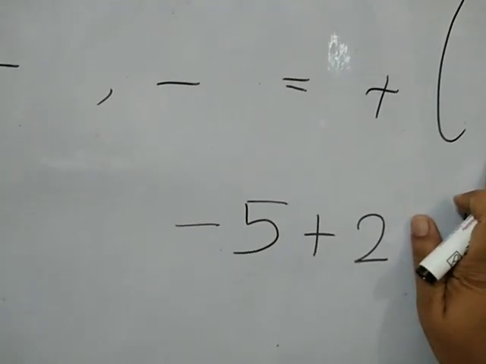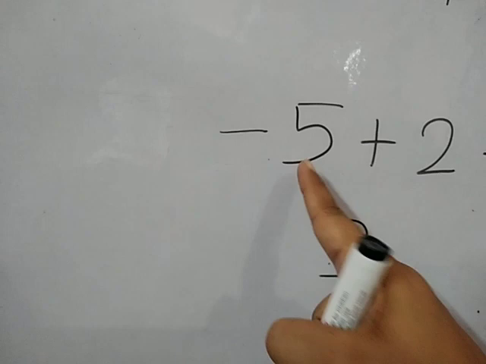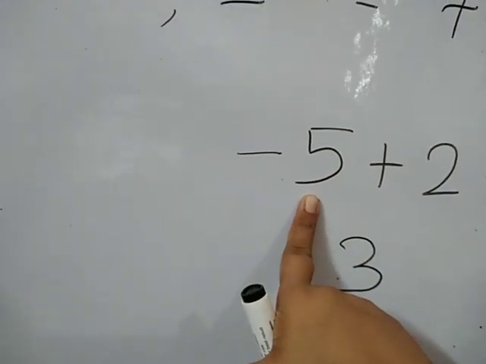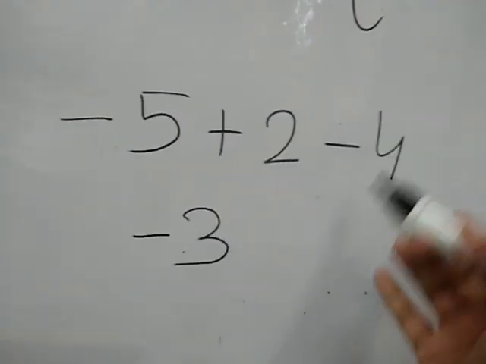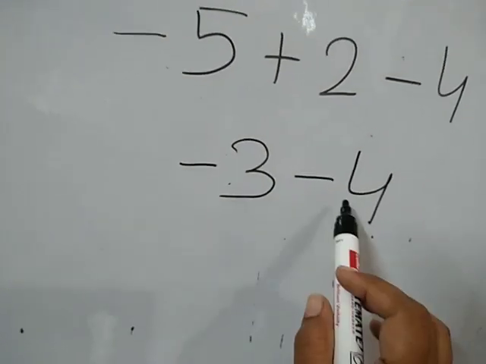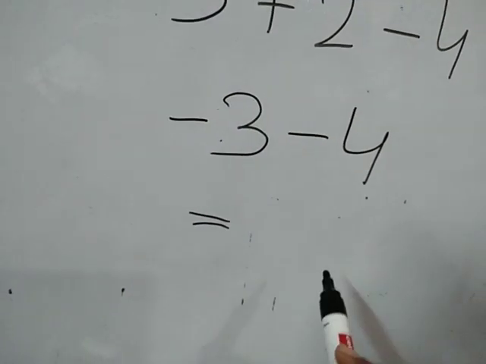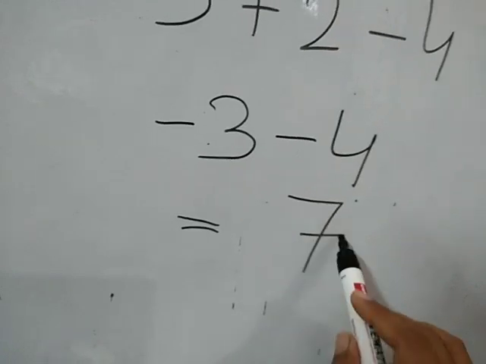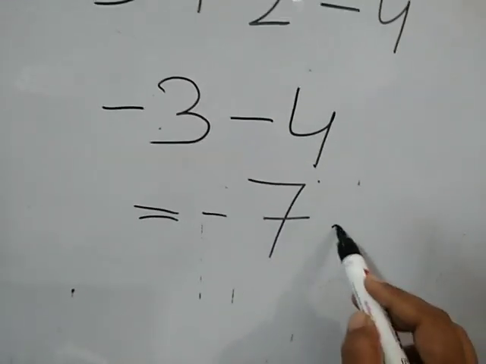So 5 minus 2 will be 3. But 5 is greater, so it is minus 3, and this is minus 4. Now both are negative, so 3 plus 4 will be 7, and we will choose the sign of the greater number, so it is minus 7.